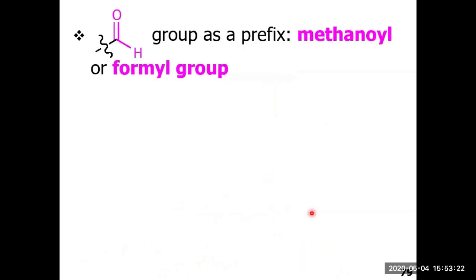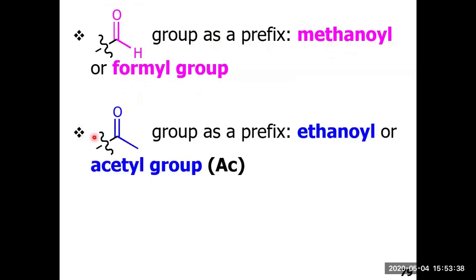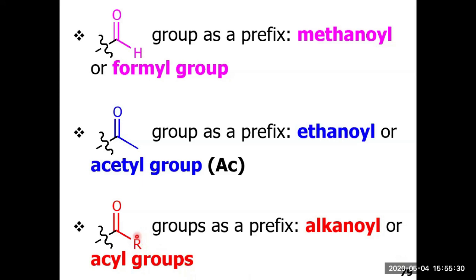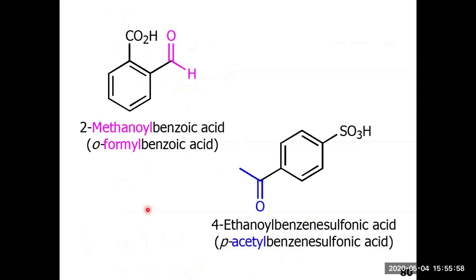So we can also have this C double bond OH as a prefix, and that becomes a methanoyl or a formyl group. Now, when this group is used as a prefix, this can be used as ethanoyl or an acetyl group. And lastly, we can also have any R group bonded to the carbonyl carbon, and that is named as alkanoyl or acyl group. All right, let's use these groups in the following example.